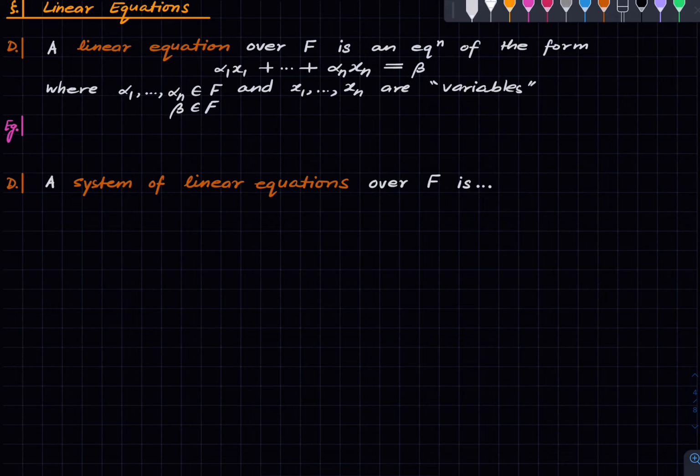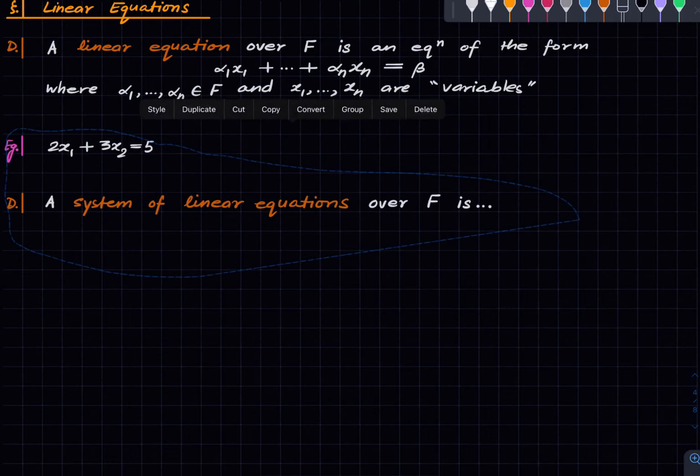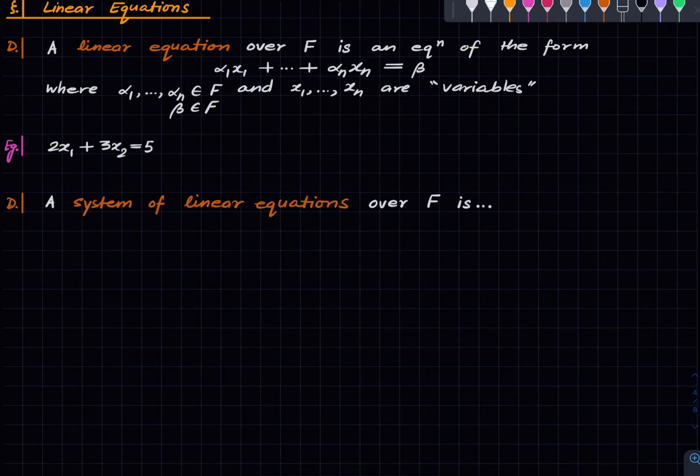So for example, this is a linear equation over the reals. Surely you have seen linear equations before in some context somewhere in high school, and this is just rewriting that.